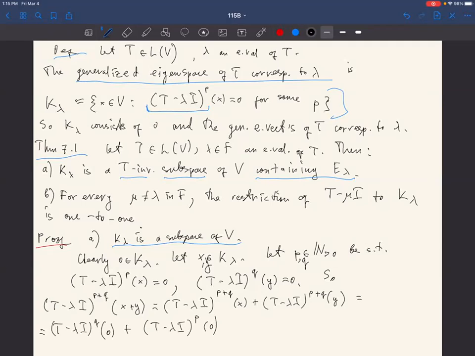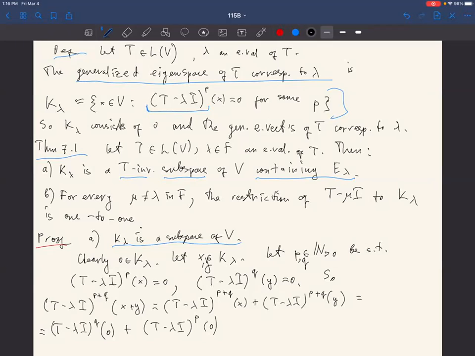Okay, so how do we get it? Because what does it mean to take this to the power p plus q? It means we first take this to the power p, apply it to x, and then we have to apply it q more times to the result. But the result for p on x is 0 by assumption for the choice of p.